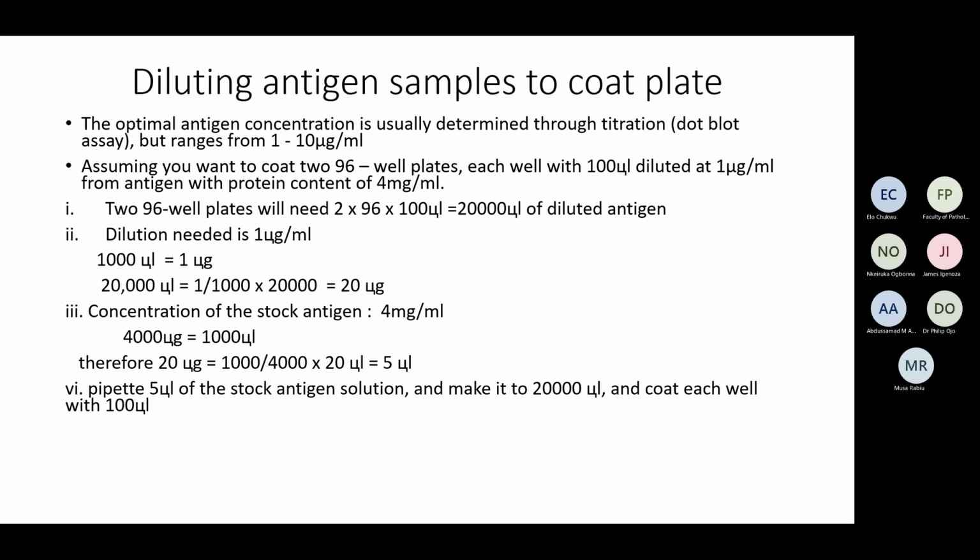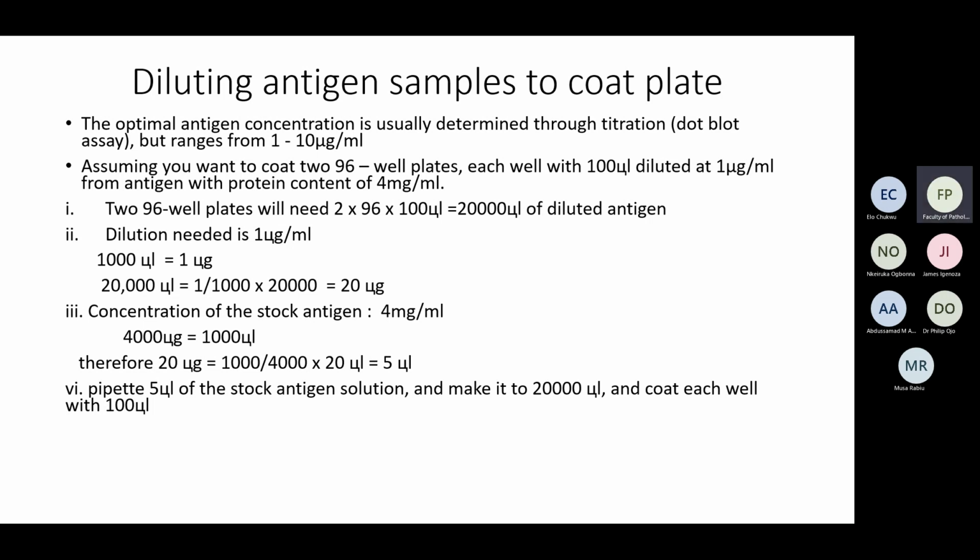Now, let's talk a little about how to dilute antigen. I'm a parasitologist, so I work with helminths. The optimal antigen concentration usually varies, but usually ranges from 1 to 10 micrograms per mil.